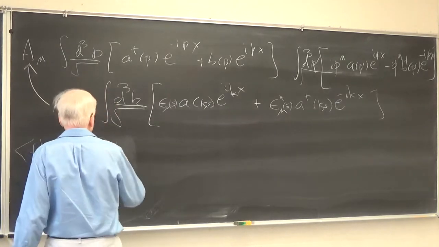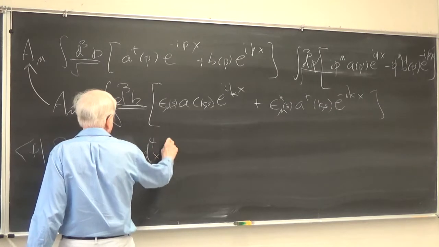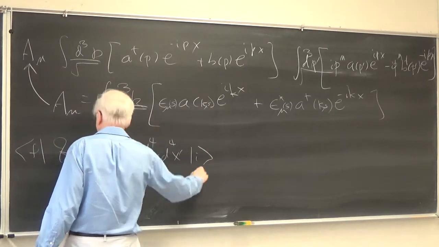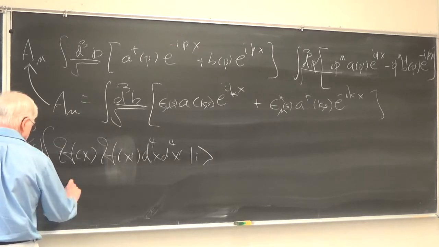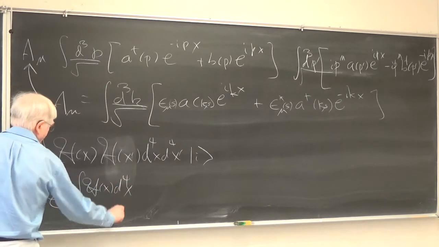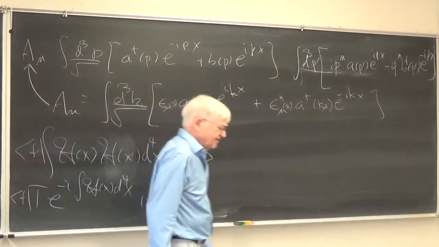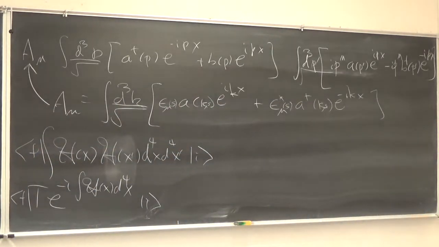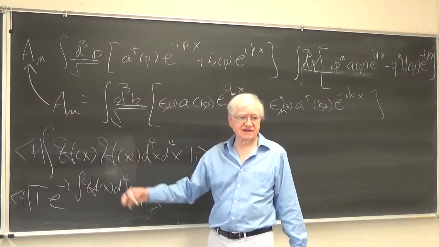But if you have two of these and you integrate d4 x prime, that would be a term in the expansion of the time-ordered exponential e to the minus i integral H of x d4 x from some initial state to some final state. So this is part of the S matrix. And when you expand this to second order, you get terms like that.